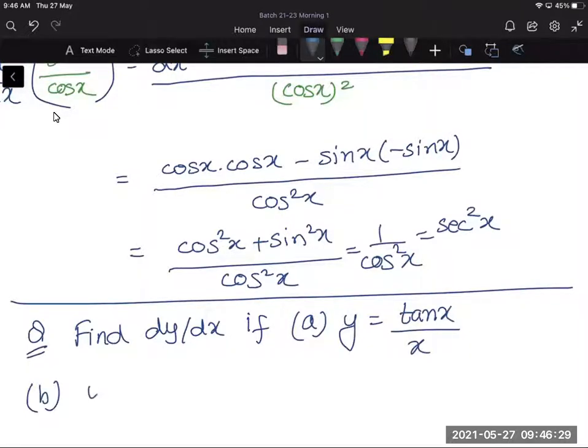Then y is equal to root x plus 3 upon something very simple, sin x.